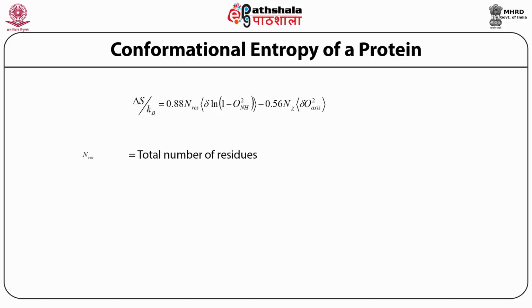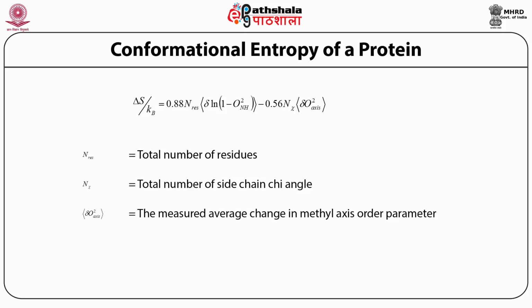N res is total number of residues, N chi is total number of side chain chi angles. Average of delta O axis squared is basically the measured average change in methyl axis order parameter, and delta ln (1 minus O_NH squared) is the measured average change in amide order parameter.